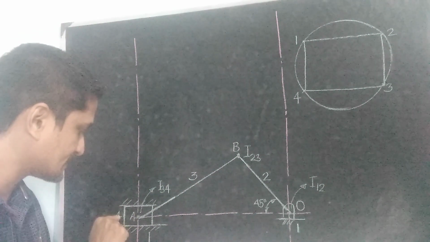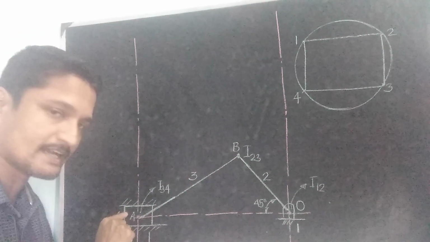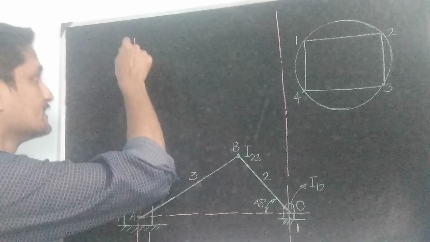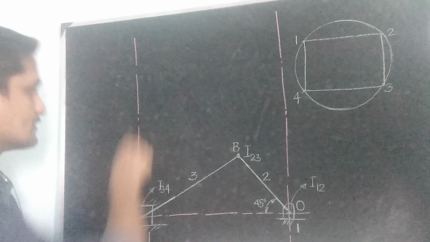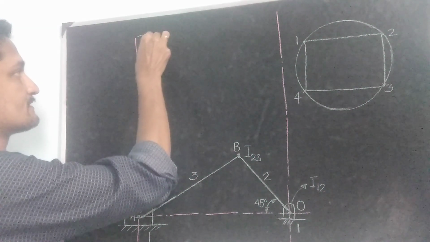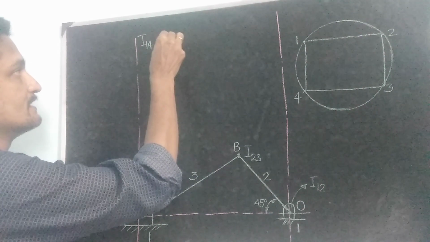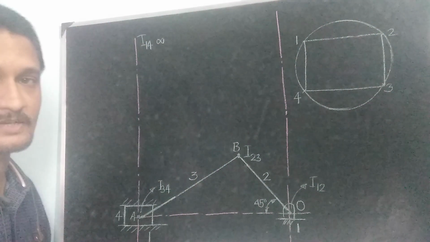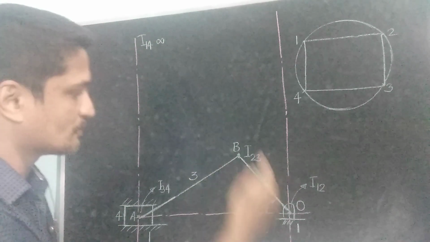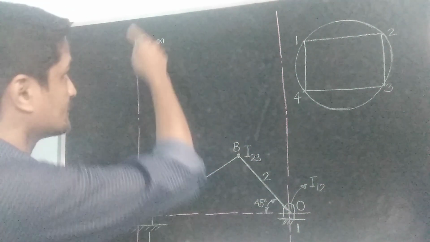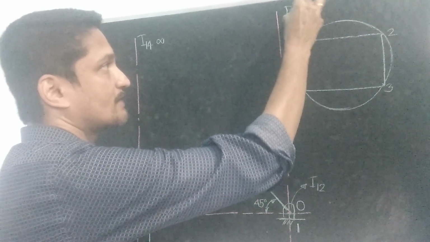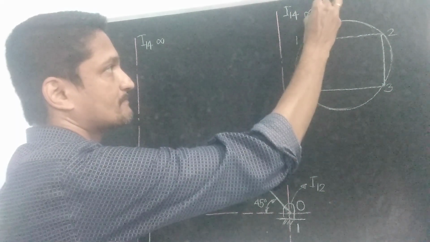That means the instantaneous center of this fourth link, the slider, with respect to the fixed link 1 is at infinity, which is passing through this point. Instantaneous center I14 is at infinity. We cannot mark that particular point, so we represent I14 at infinity.